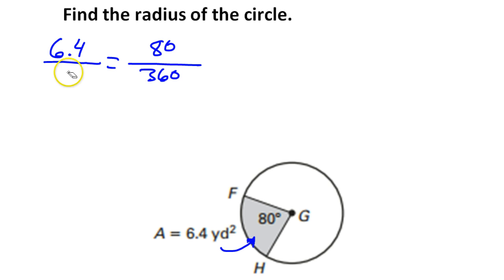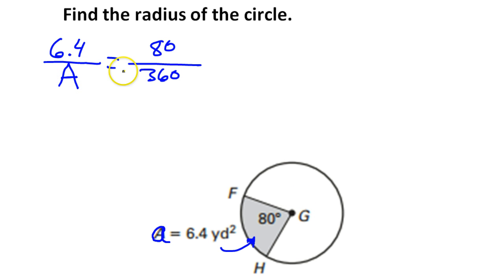So we're doing part over whole, right? So this represents the area of the whole circle. I don't like that they used A. Normally I use small a when it's a partial area, so let's pretend that they did that. So capital A will be for the area of the whole circle.